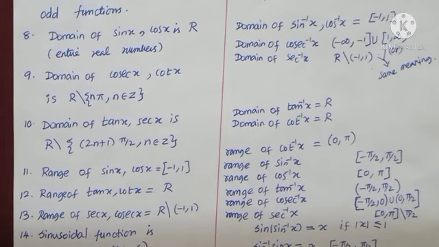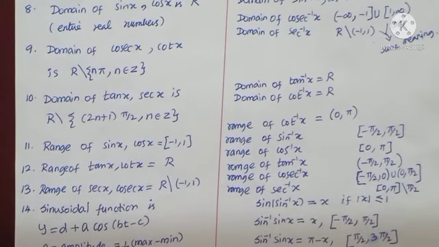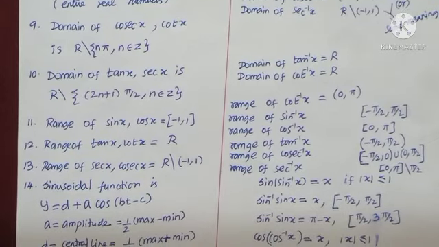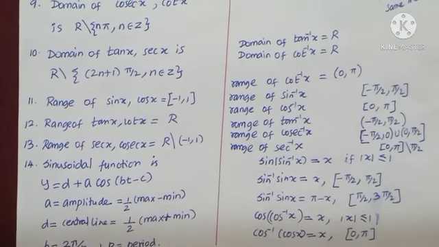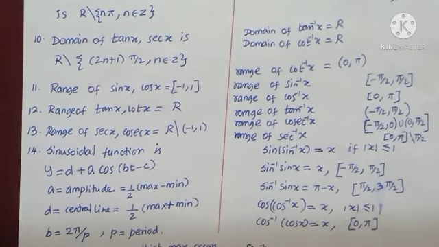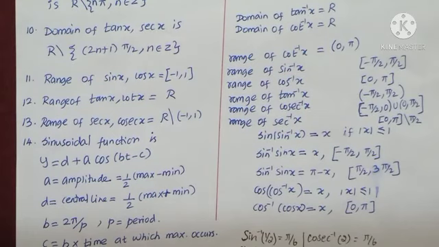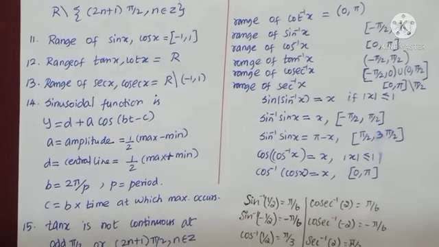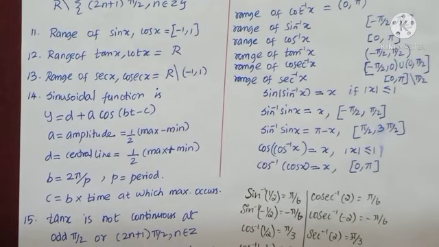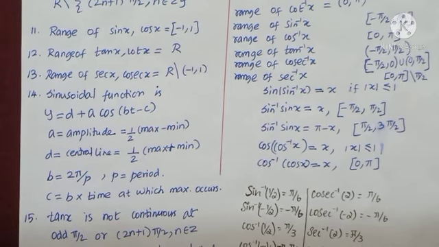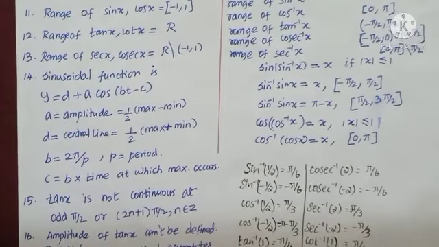Also, the sinusoidal function, which is y equals d plus a cos of b t minus c. We should learn to find the amplitude, the central line, the period, and the time when it repeats. And we ought to know where the functions are continuous and discontinuous. Also, sine inverse to cosecant inverse, the values when they are positive and when they are negative.